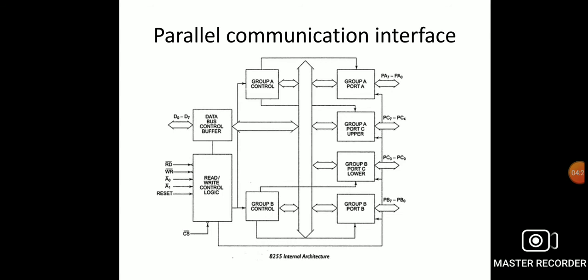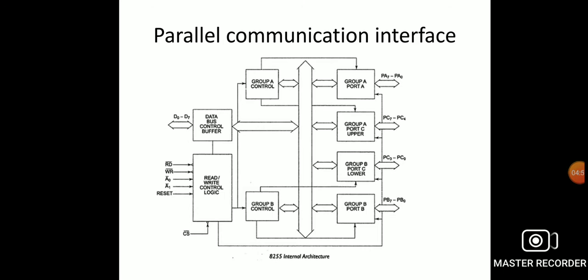First of all, the data bus buffer. This is a tri-state bidirectional buffer used to interface the 8255 to the system data bus. The data is transmitted or received by the buffer on execution of input or output instruction by the CPU. The control word and status information are also transferred through this buffer. The read and write control logic: the function of this block is to control the internal operation of the device and to control the transfer of data and control or status words.